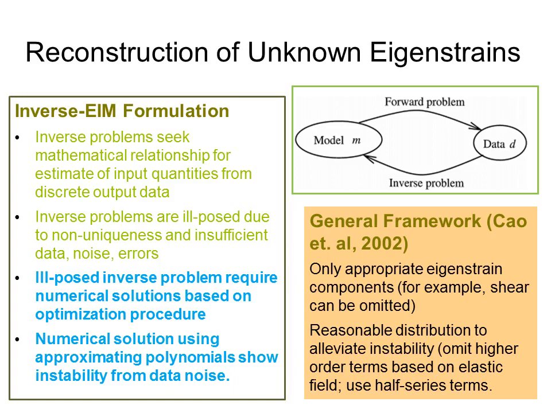Now we have the unknown eigenstrains. Based on the conjecture, we should only use the half series. The inverse computation of an unknown eigenstrain is ill-posed because there is non-uniqueness and there is data noise. Some framework was already proposed in 2002 and later extended by Korsunski in 2007.